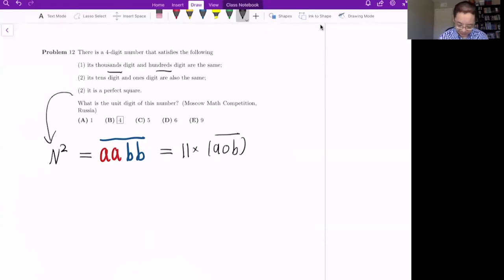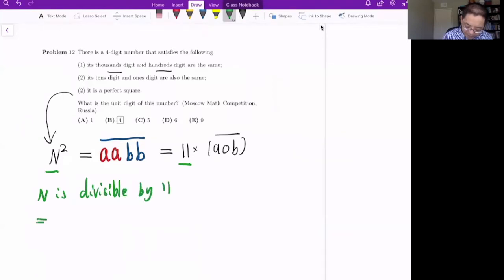We just write it as that. Now because 11 is a prime number, n must be divisible by 11. And this implies n can be written as 11 times some number, say k, right?